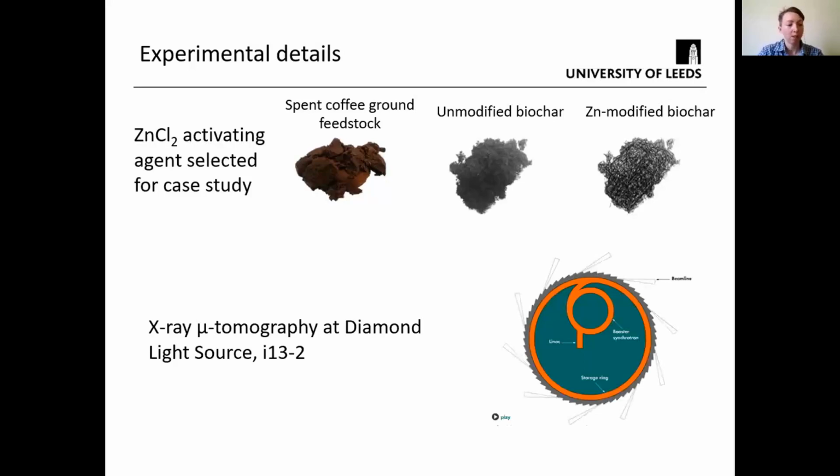There are lab-based X-ray sources for microtomography which work very well indeed. I'm happy to talk a bit more in the questions about why I'm using a synchrotron source, but I'll carry on for now. I would like to explain a little bit about a synchrotron because I'm not aware if everyone is familiar with it or not.